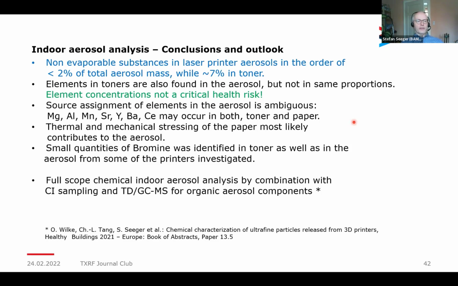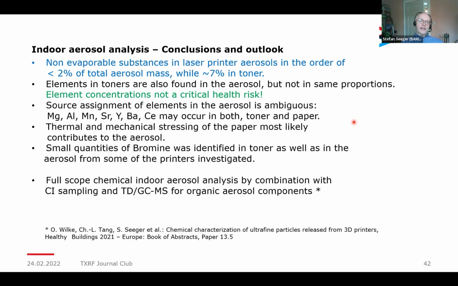We have shown by the comparison that the concentrations are not posing a high or critical health risk, and we could do a kind of source assignment by several elements which either point to toners or papers as sources of the aerosol which is coming out of the laser printers.